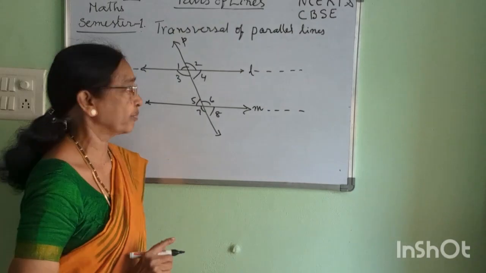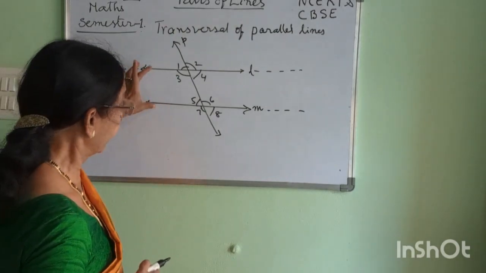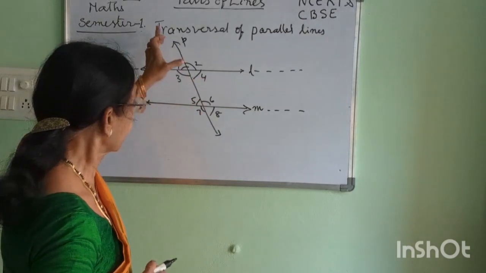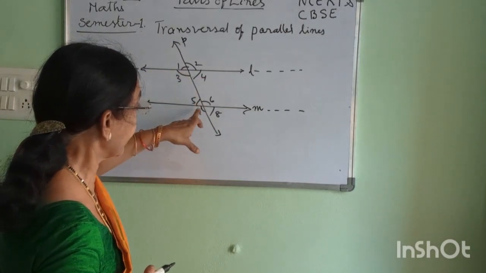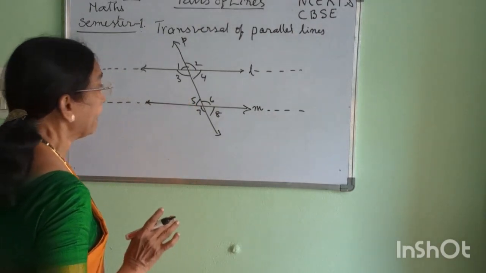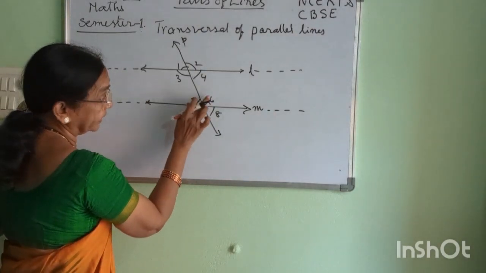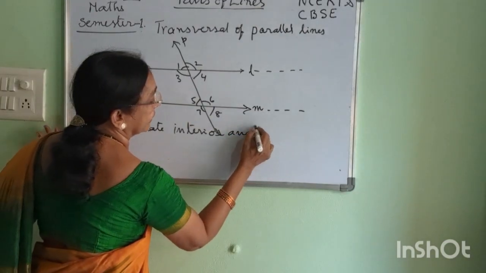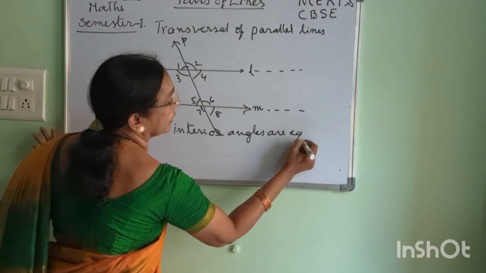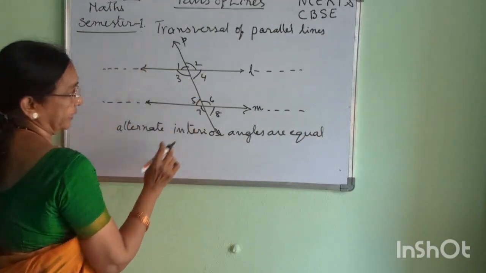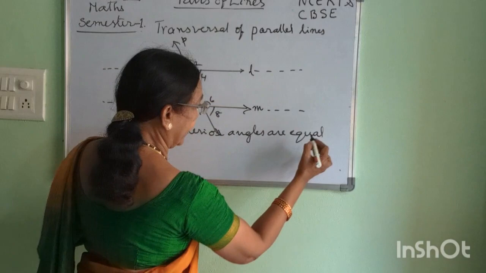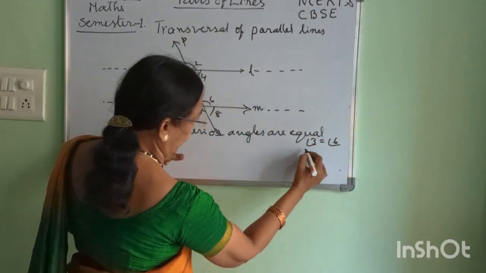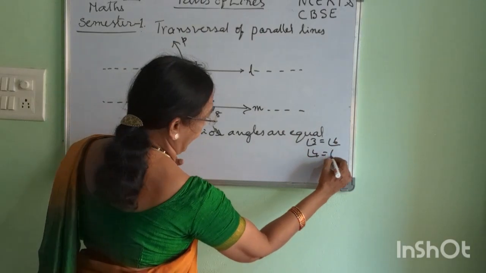But here, when the two lines are parallel to each other and a transversal intersects the two parallel lines at two different points, then the alternate interior angles are equal. That is, angle 3 is equal to angle 6, and also angle 4 is equal to angle 5.